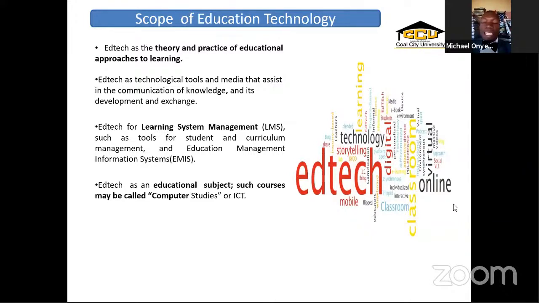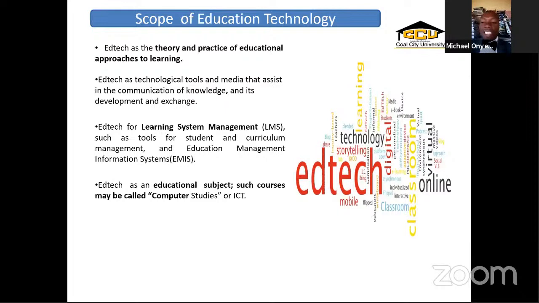Then you can look at it as a learning management system, which is reigning all over the places now. And thirdly, you can look at education technology as a subject, as a course that is being taught in programs in the universities or in schools.